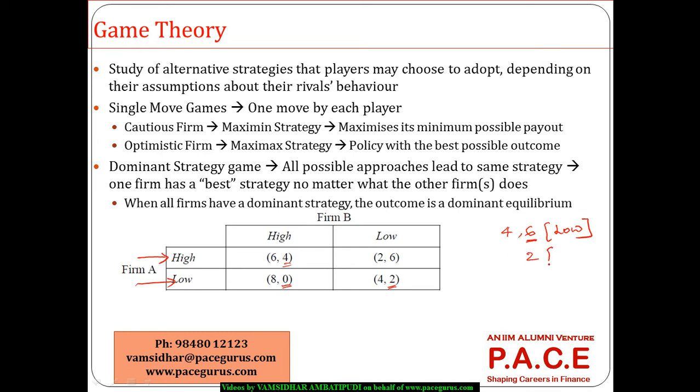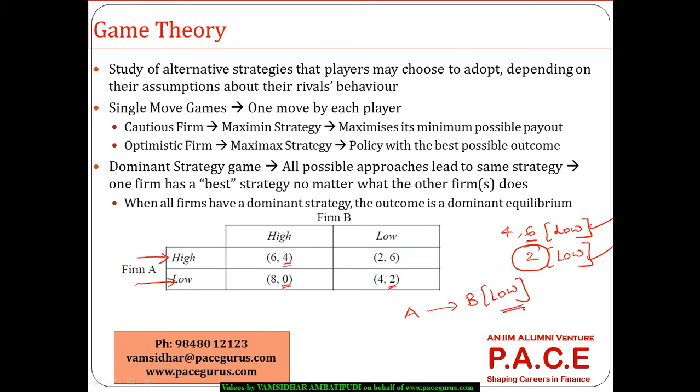So again, the maximum payoff is going to be low itself, which means that irrespective of whatever A sets, if B sets a low, that is going to give him a better payoff than a high.